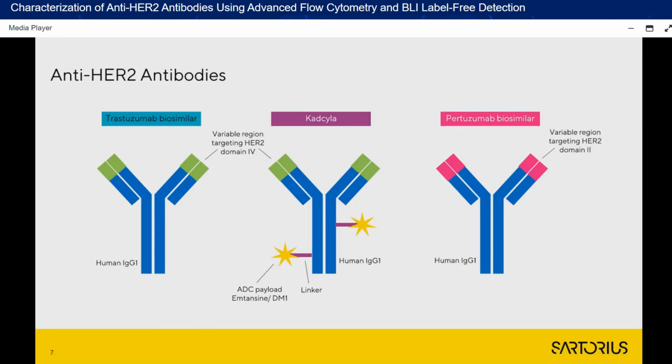And obviously, because this antibody is also based on trastuzumab, it's going to target HER2 via that same region on domain 4. And then finally, we have the pertuzumab biosimilar. So this is another anti-HER2 IgG1, except with a different variable region, which targets a different epitope of HER2 in domain 2.